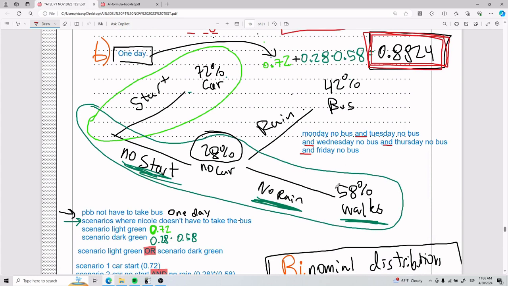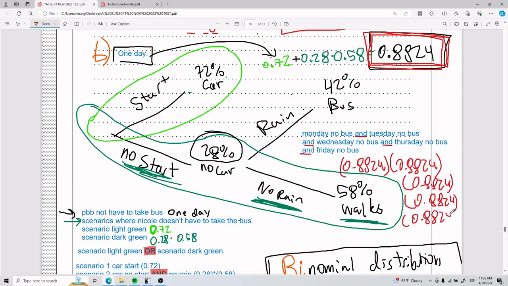So what you end up with is 0.8824 times 0.8824 times 0.8824, and all of this will be happening 5 times. Why 5 times? Because we're talking about 5 days.